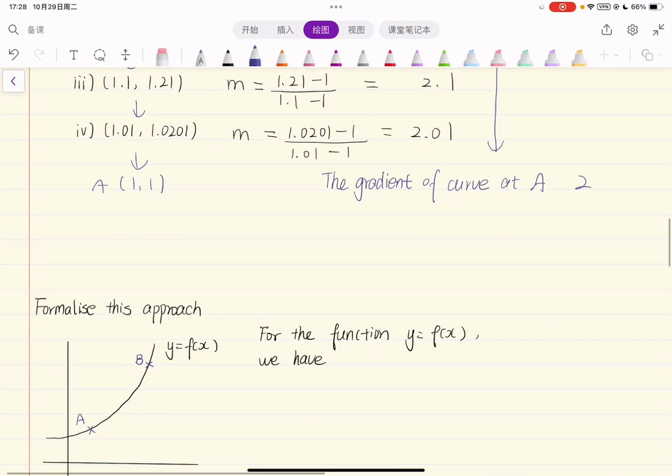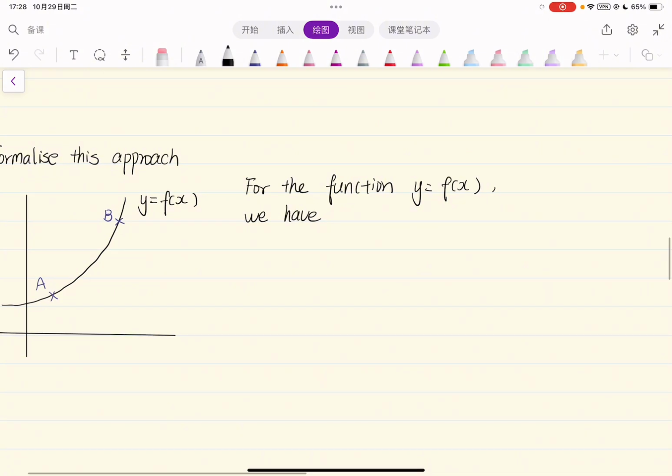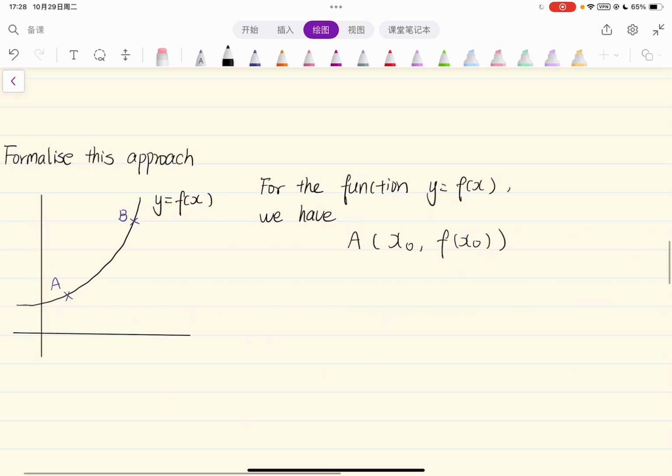So we have the function y equals f(x), and we have the point A with the coordinates, let's say, x0, f(x0), and another point B, with coordinates x0 plus h and f(x0 plus h).